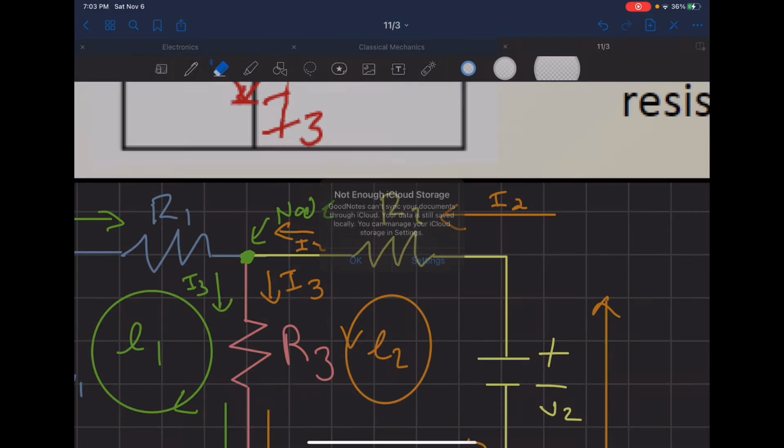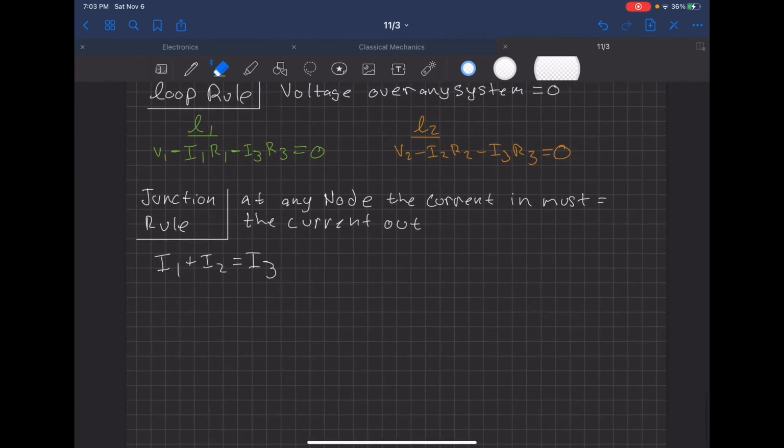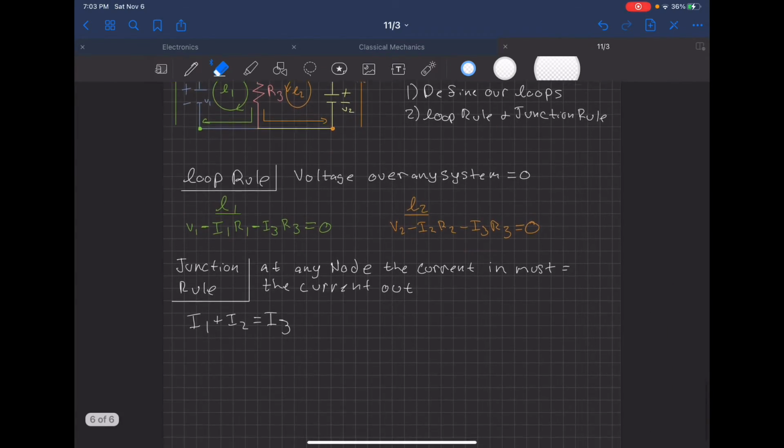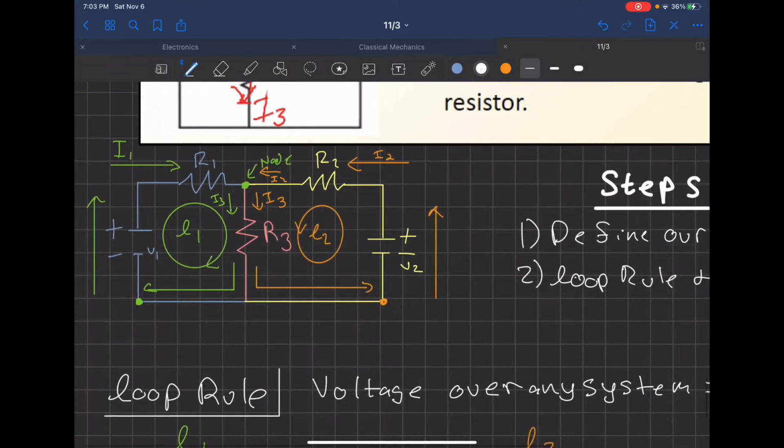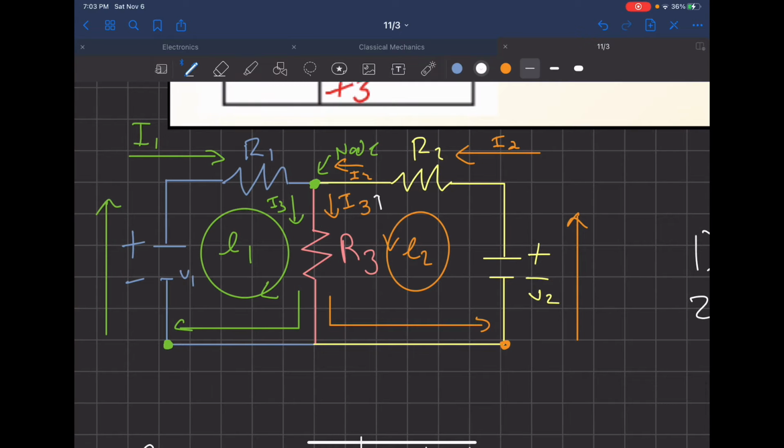You could define it other ways, I guess, but I'm not even going to go into that. We could say that negative I3 goes up and turns into negative I2 and negative I1.